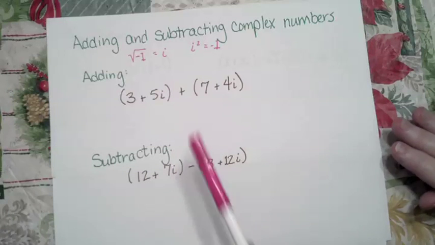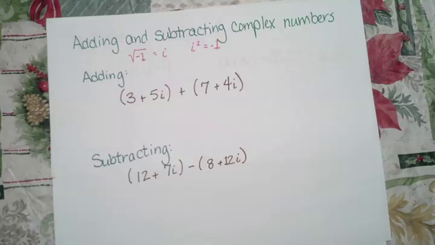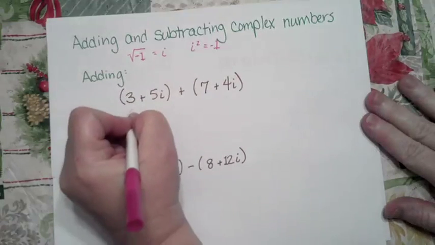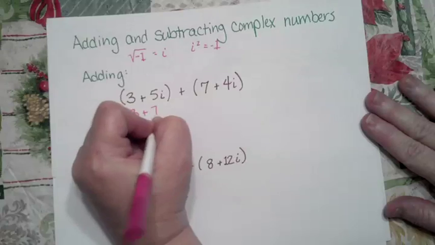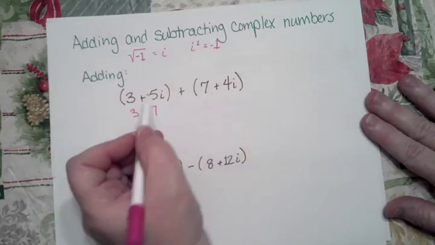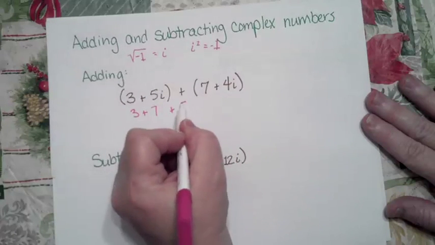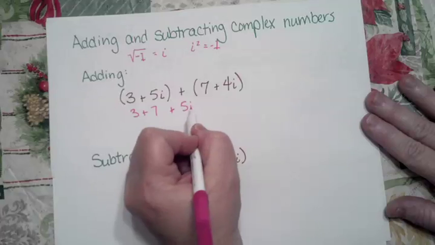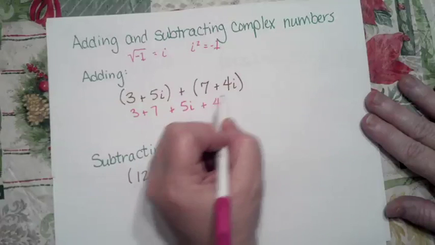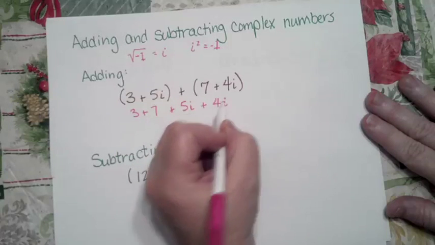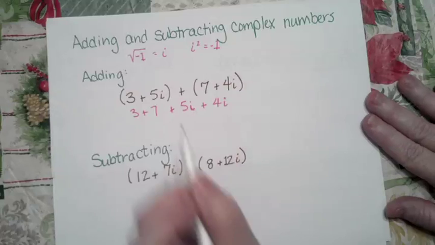And that means that we can still, as long as it's all adding, regroup the way we want to. So I'm going to rewrite it as 3 plus 7, because those are like terms, plus 5i plus 4i. I'm trying to make the i's look like italic, just so that they look like they're supposed to.